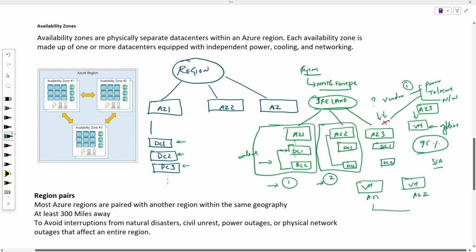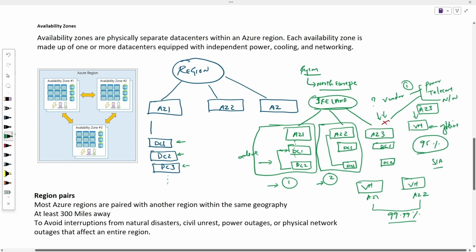So when you deploy your virtual machine on multiple availability zones, the SLA will be 99.99%. This is the SLA you get when you deploy your virtual machine on multiple availability zones.